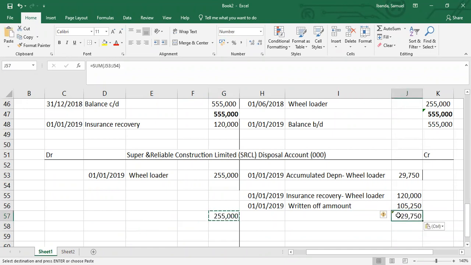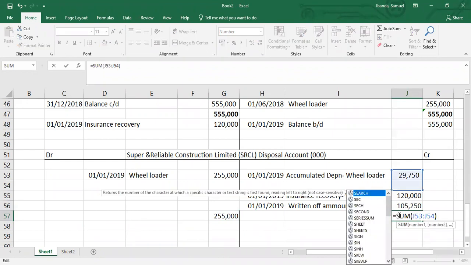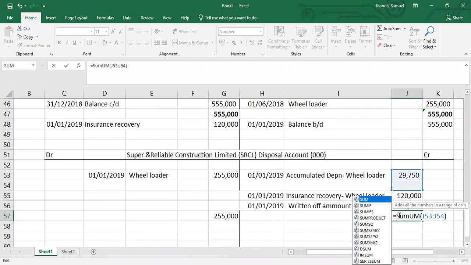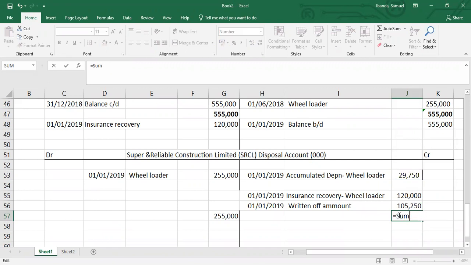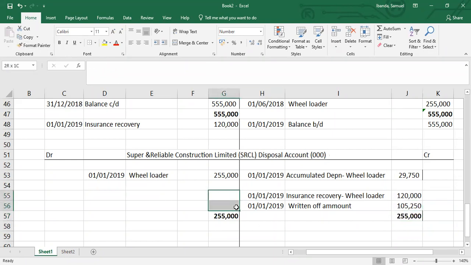And then have the totals. So the totals are now the same. And I have my written off amount. So the disposal account is supposed to be fully written off. It's supposed to be fully balanced off. So for the wheel loader, that is what has happened.